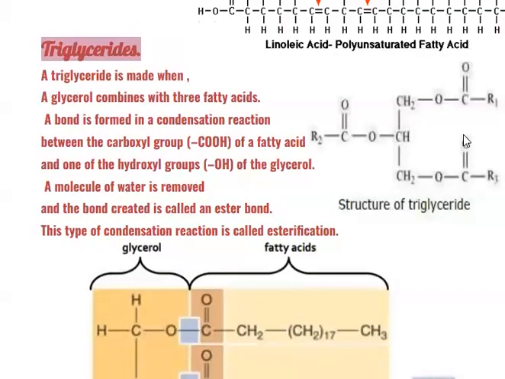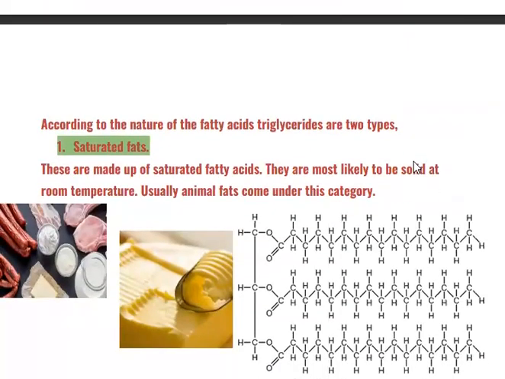According to the nature of the fatty acids, triglycerides are 2 types. 1. Saturated fats. These are made up of saturated fatty acids. They are most likely to be solid at room temperature. Usually animal fats come under this category. 2.